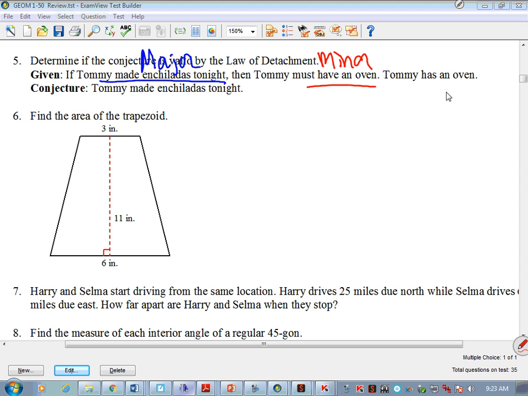If they had said, Tommy made enchiladas tonight, therefore Tommy owns an oven, we would have said that is valid. And again, somebody in the comments section below might say that's not always true. But from my experience, the major premise in my given will always come first.